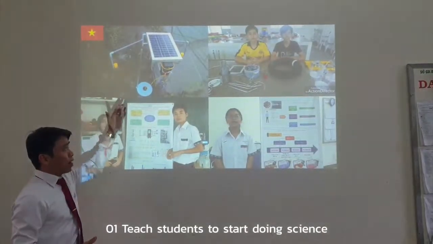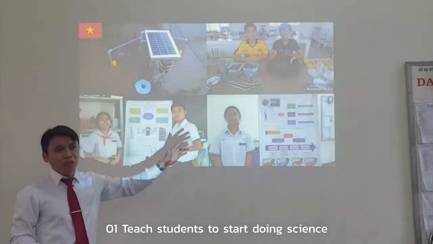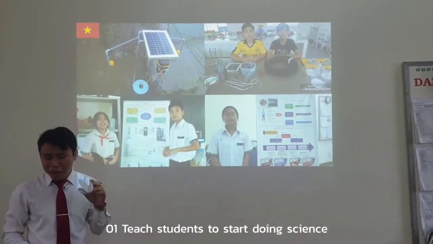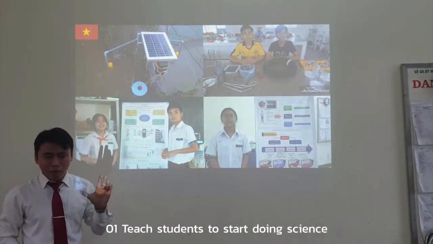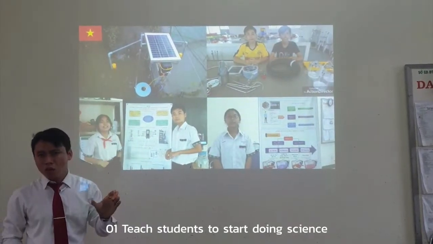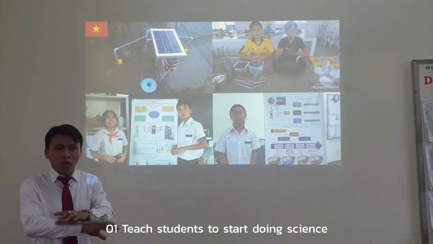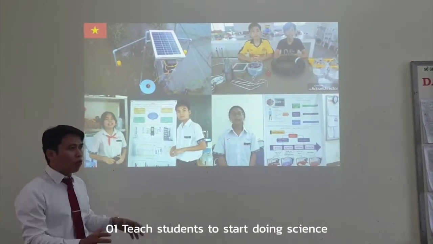Apart from the equipment to measure salinity of the water, another group studied how to attract insects because they observed that insects destroyed rice fields, and they considered how to eliminate these insects.